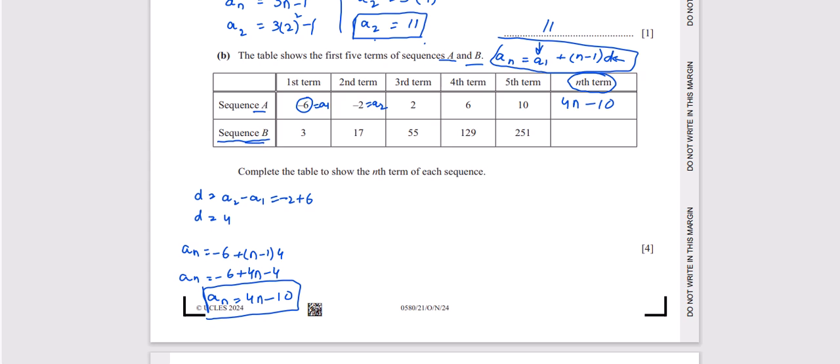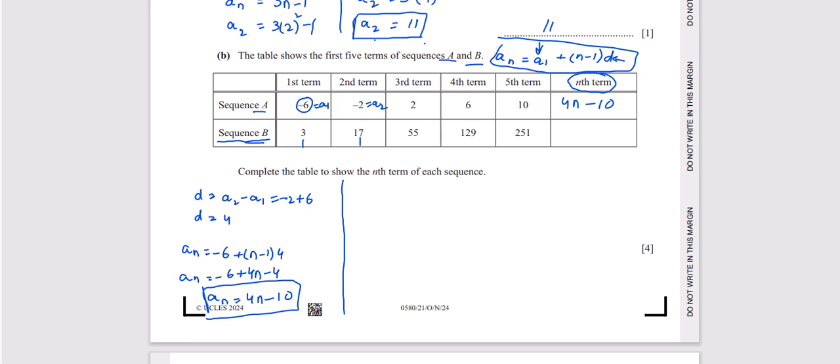Now we have to calculate the second sequence. This is called sequence B. The first term is 3, second is 17, third is 55, fourth is 129 and fifth is 251. There is too much gap between two numbers, so we calculate in this form.